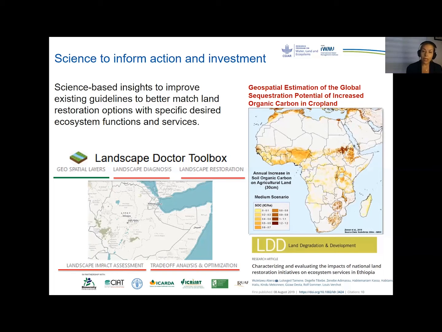Or in Ethiopia, we are finalizing the development of a tool called the Landscape Doctor Toolbox that helps us match different restoration options with different types of benefits, depending on the benefits that the stakeholders want to maximize. For example, soil erosion, crop productivity, water flows, and so on.